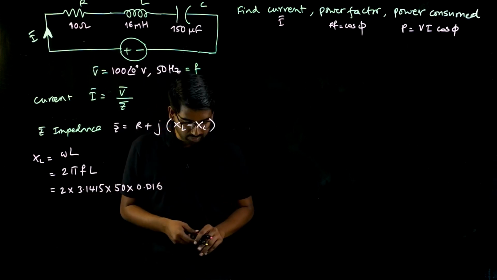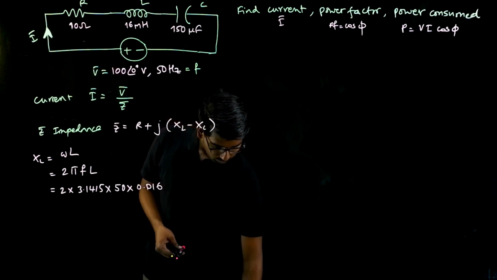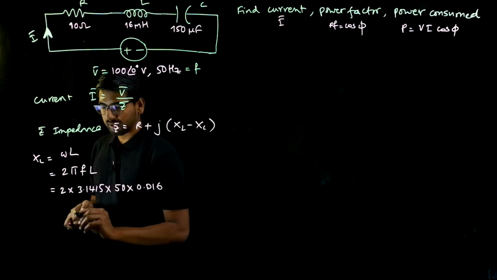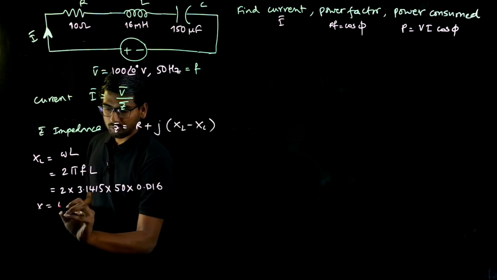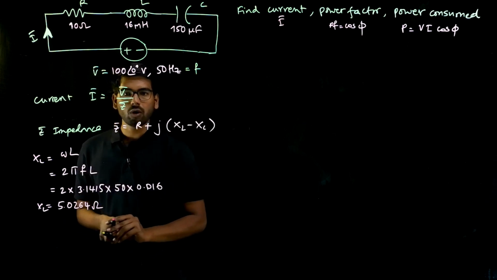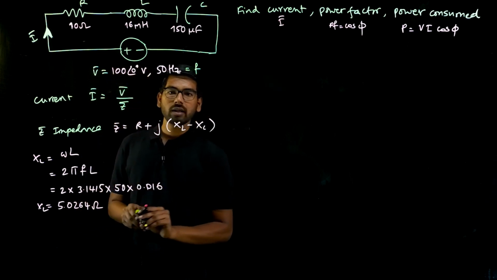If you substitute this in the calculator, XL is 5.0264 ohms. All of the impedance values are in ohms.